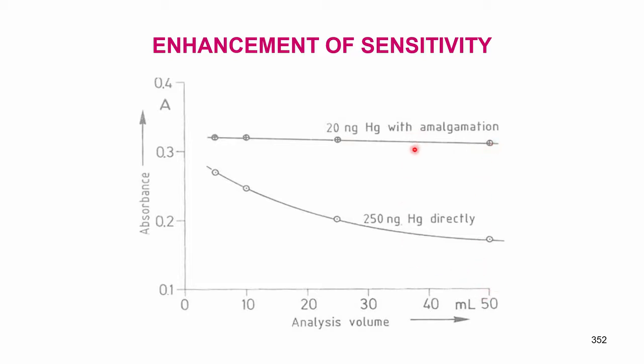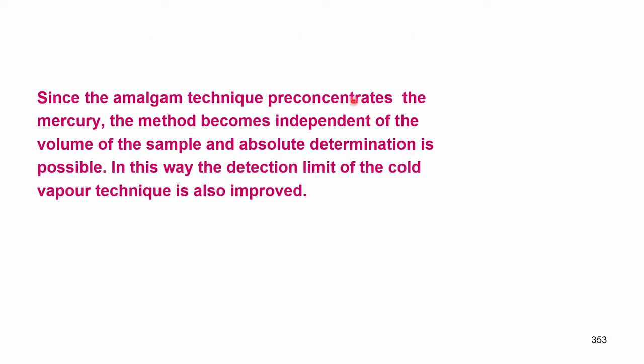So, that is the beauty of amalgamation. Since the amalgam technique pre-concentrates the mercury, the method becomes independent of the volume of the sample and absolute determination is possible. In this way, the detection limit of the cold vapor mercury is also improved.